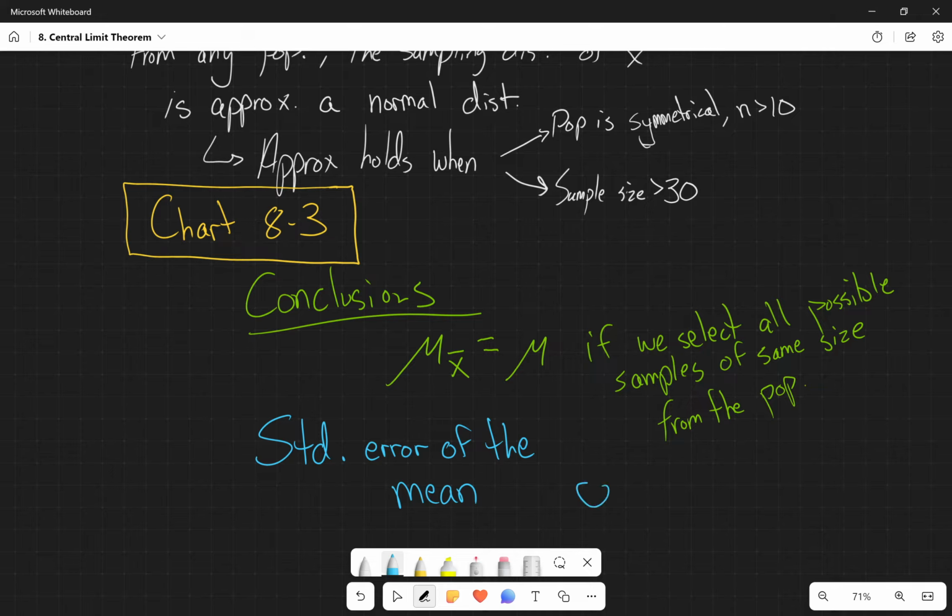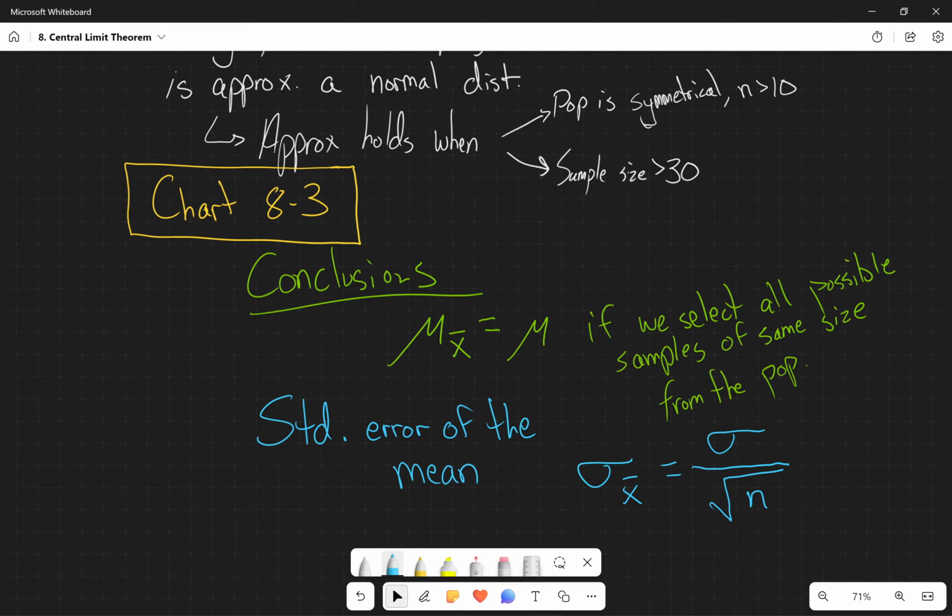So this is going to be of x bar. So now we're going to take whatever that population standard deviation is, and we're going to divide it by the square root of n. So as n gets larger, the standard error becomes smaller. It's going to be less dispersion of the sampling distribution of the sample mean than in the population.